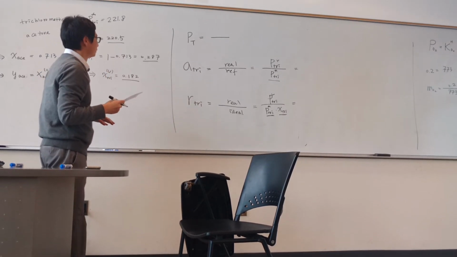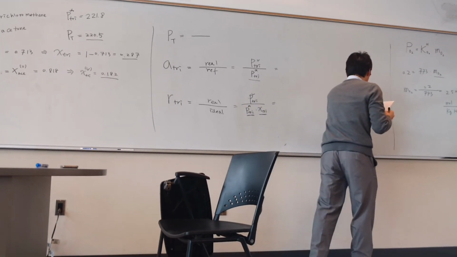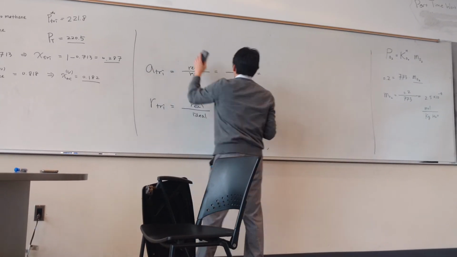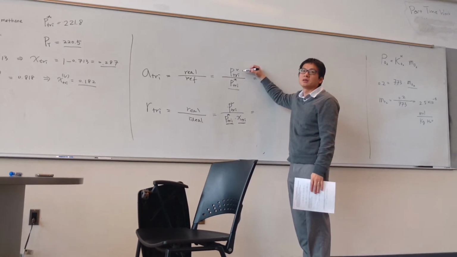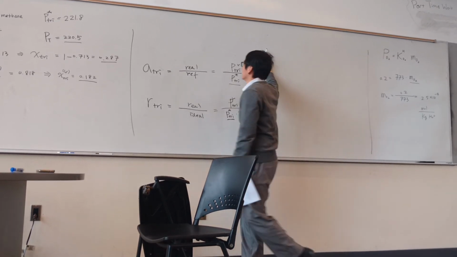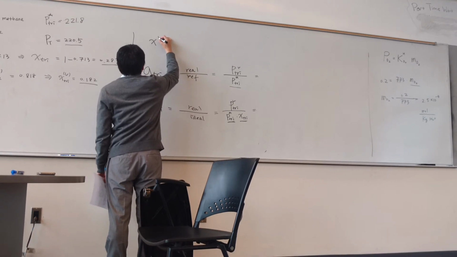Okay, so you don't need this because you already know the answer. Now the question is, can you figure out what the P trichloromethane is in the system? So how do you figure that out? It actually comes from this.